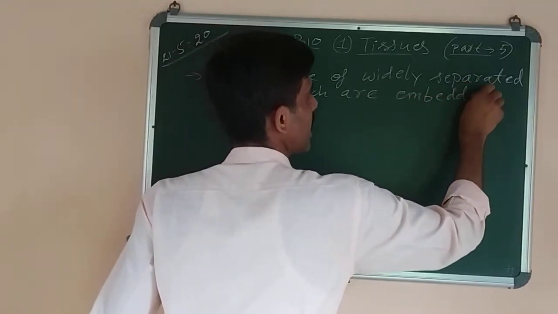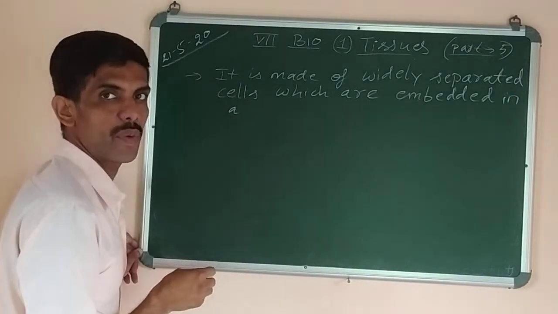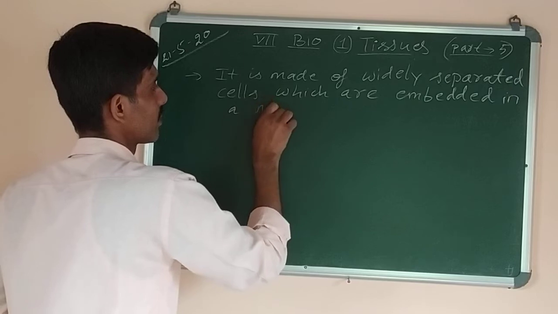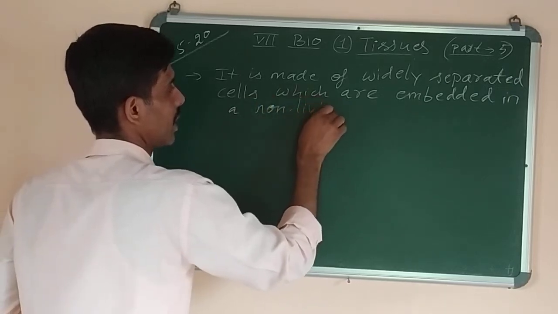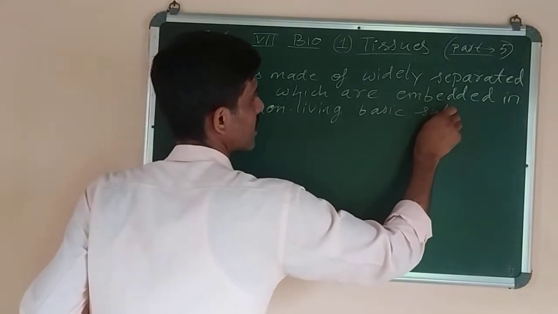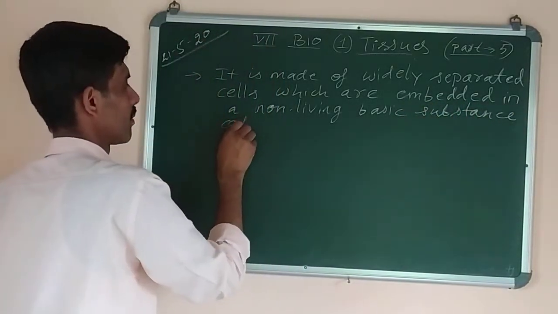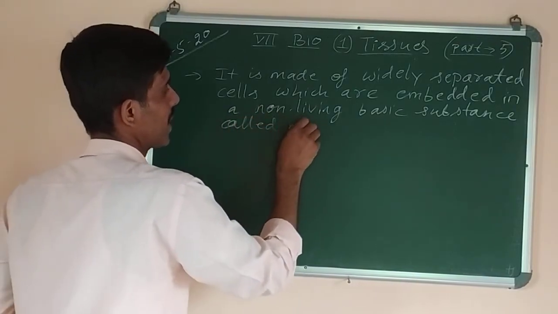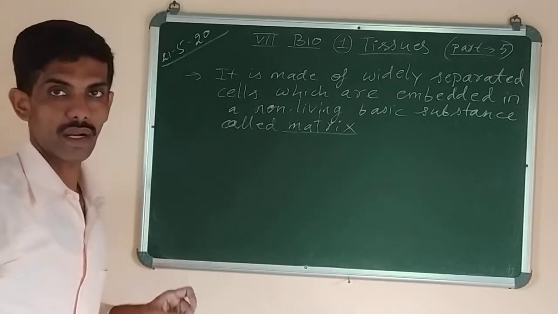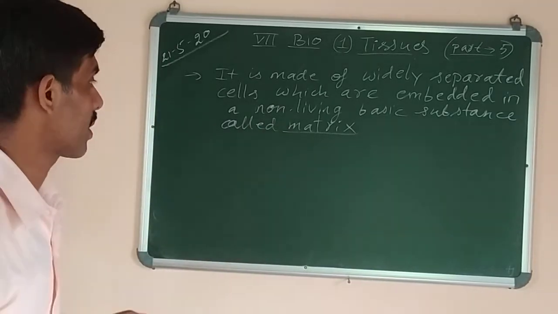Which are embedded in a non-living basic substance called matrix. What is matrix? Matrix is the ground substance in which the cells of connective tissues are present.